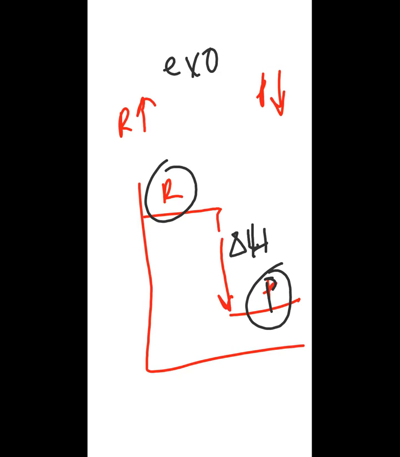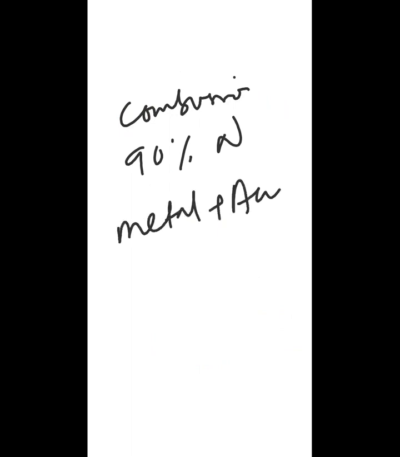Which reactions could be exothermic? Combustion reactions. All the combustion reactions are exothermic. 90% of neutralization reactions are exothermic. Whenever you react a metal with acid, the reaction will be exothermic. All the burning reactions are the combustion reactions. You can say the combustion of fuel, or the combustion of hydrocarbon, or the combustion of organic compound.